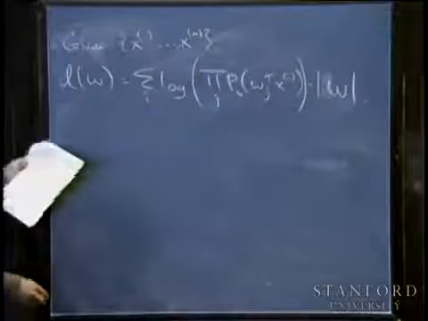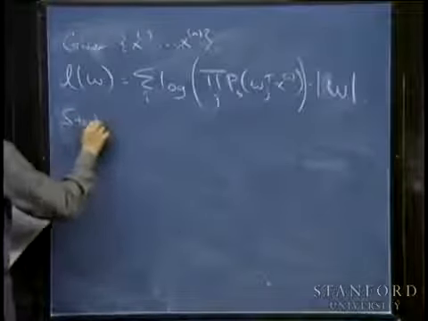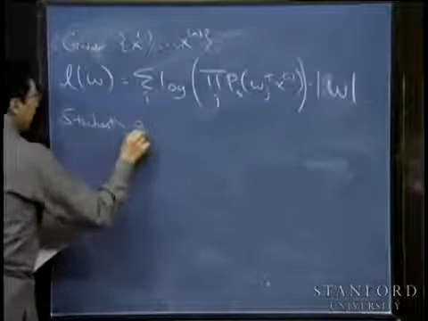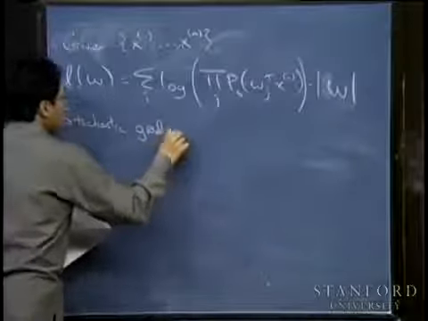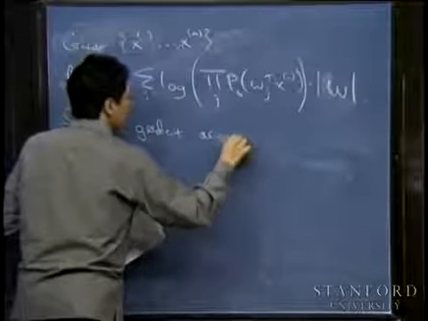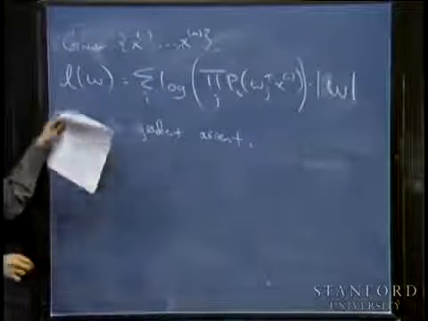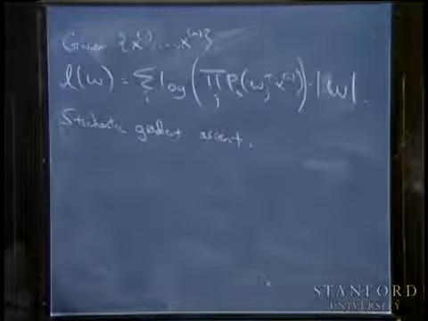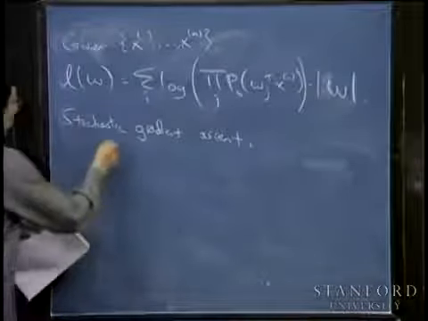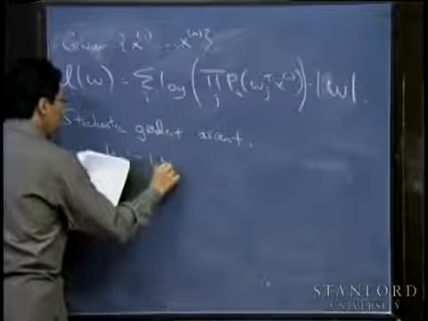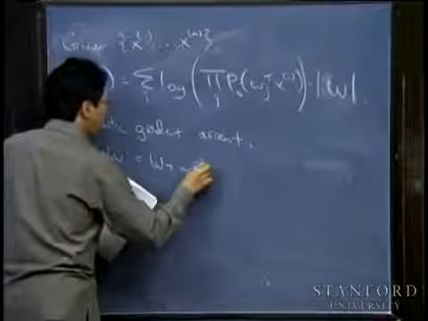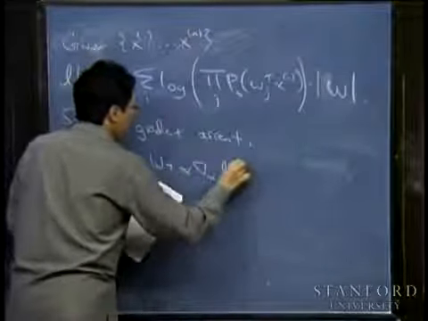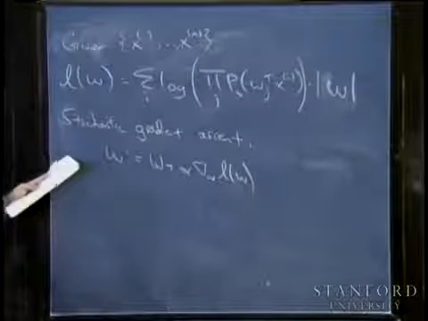So that's my log likelihood. And to learn the parameters W of this model, I can use stochastic gradient ascent, which is the usual update, which is just that.